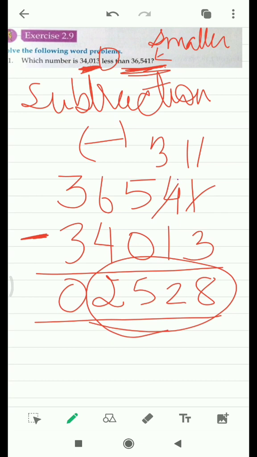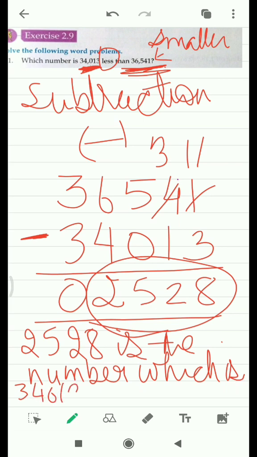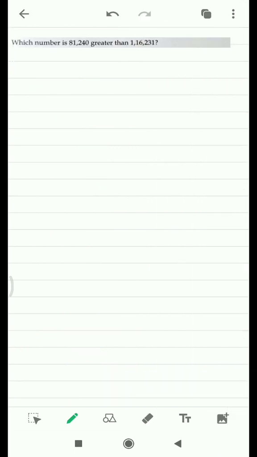So here you have to write that 2,528 is the number which is 34,013 less than 36,541.